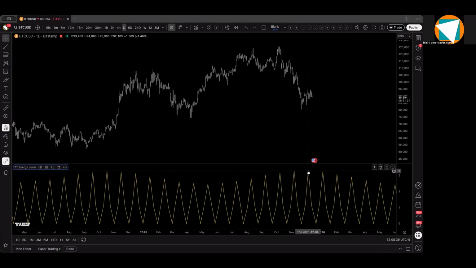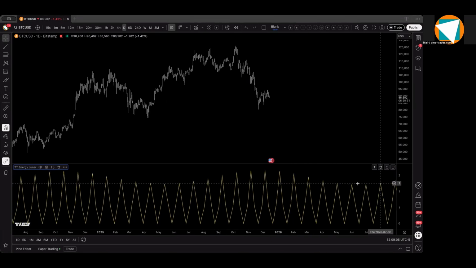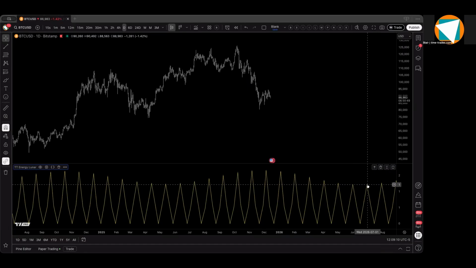You can see how over here on December 4th, we just had what looks like a peak in lunar energy. This is also what's called a supermoon, where we have a full moon very close to Earth and very close to the point of lunar perigee. And now we're starting the decline cycle again as the full moons are further away until we get over here in May and July. And that is when the full moons are at lunar apogee, when the moon is furthest away.